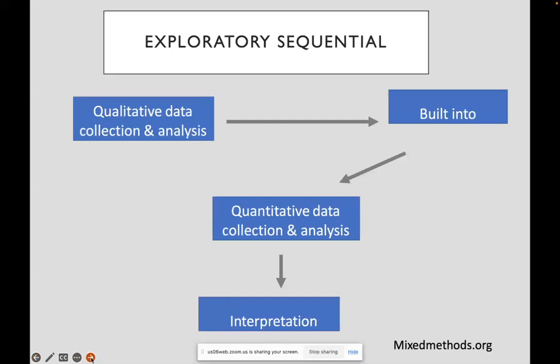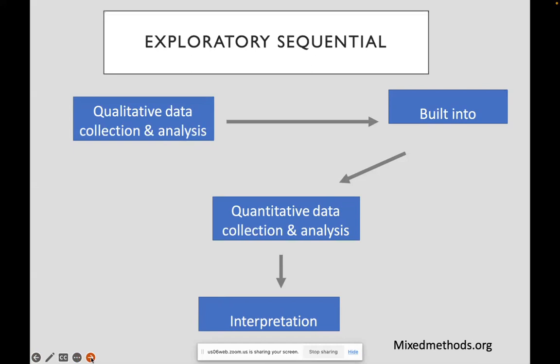Exploratory is where you talk to the community before you do your quantitative data collection and analysis, and you ask them, what do you think the issues are, right? There's going to be this recycling plant application, and we really want to know how you feel about this, what you think the impacts are going to be. How do you think your community is going to be impacted?